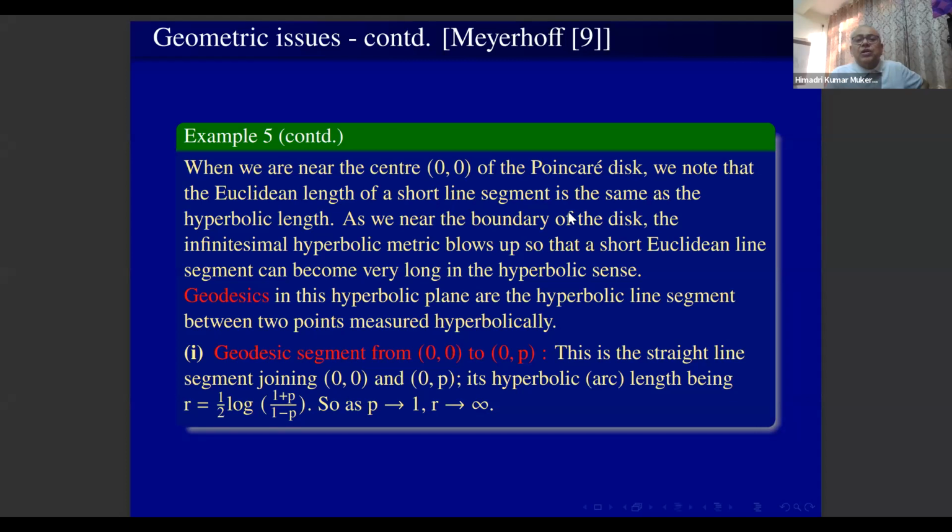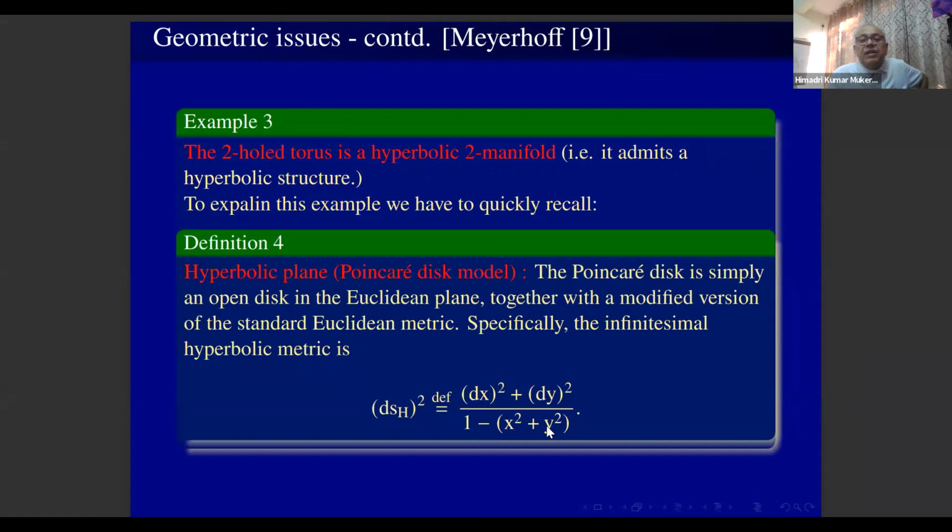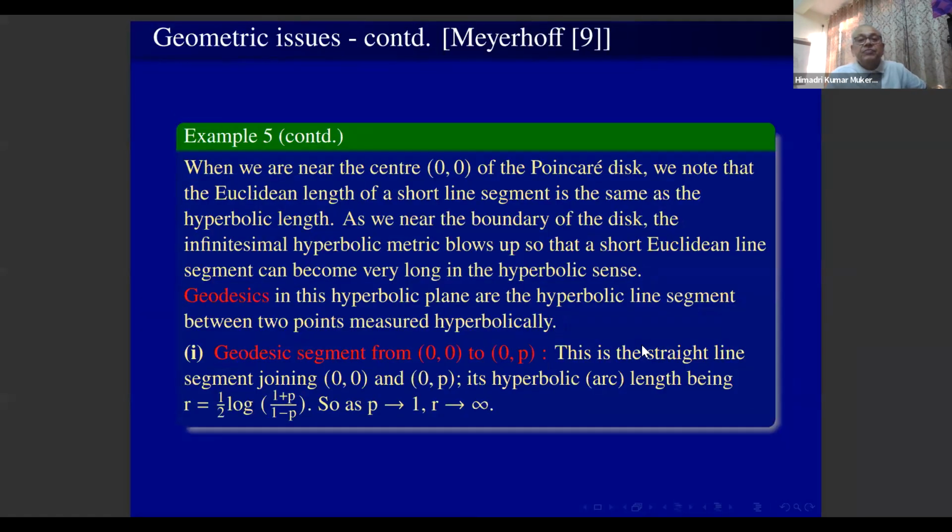As we near the boundary of the disk, the infinitesimal hyperbolic metric blows up, so that a short Euclidean line segment can become very long in the hyperbolic sense. For example, if you take x, y approaching 1, then this one equals 0, so this becomes infinite.